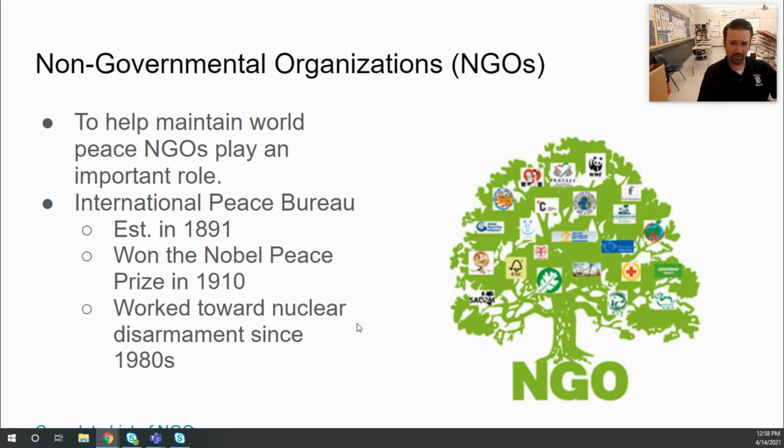So these are just some examples of the different NGOs, but there's lots and lots of them out there. But just know what an NGO is and how they function. They're kind of the go-between between local issues and governments, or grassroots movements and governments, and so they go between the two to try to find ways to better help these local issues as they exist around the world.